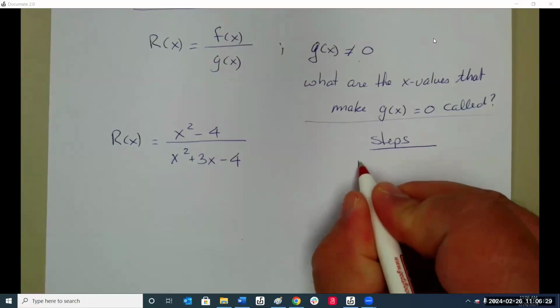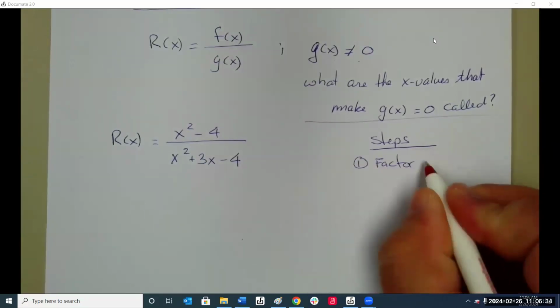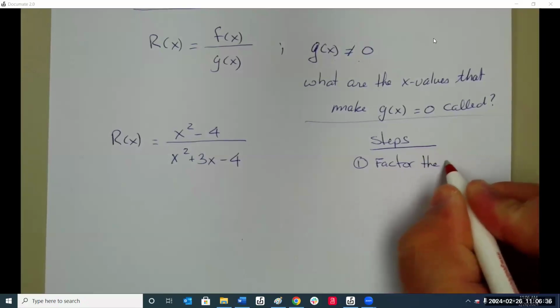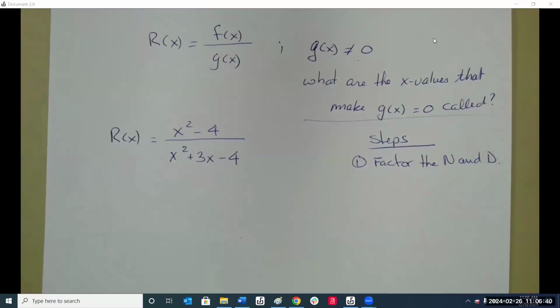The first thing you do is factor the numerator and the denominator.